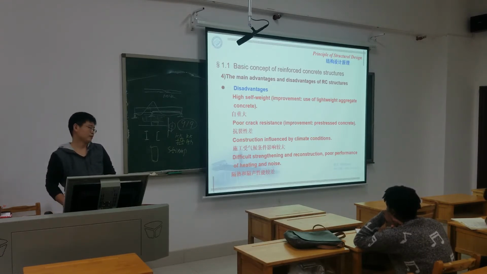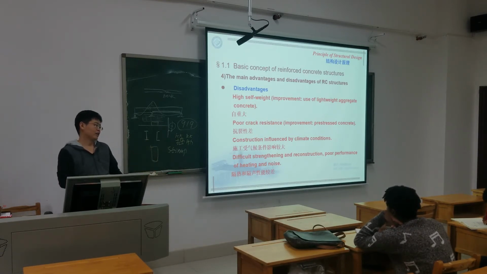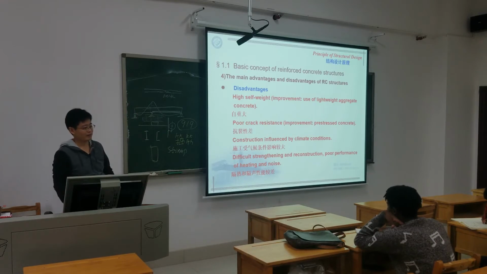So you know, if you can invent some very large and high strength material to replace the concrete, maybe the span of the bridge or the height of the building can increase greatly.